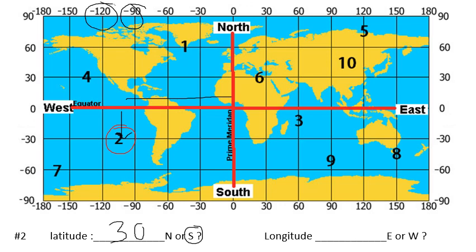It's about halfway between 90 and 120. Well, 90 to 120 is a difference of 30, and it looks like it's about halfway in between this line and this line. So halfway is going to be about 15 more than 90. I'm going to say it's about 105, and that is in the western direction.